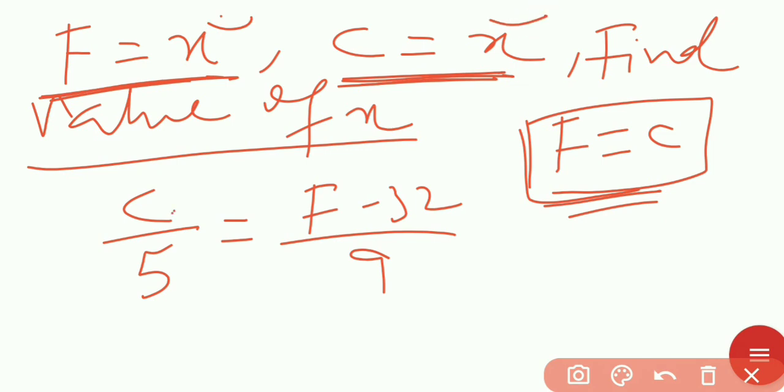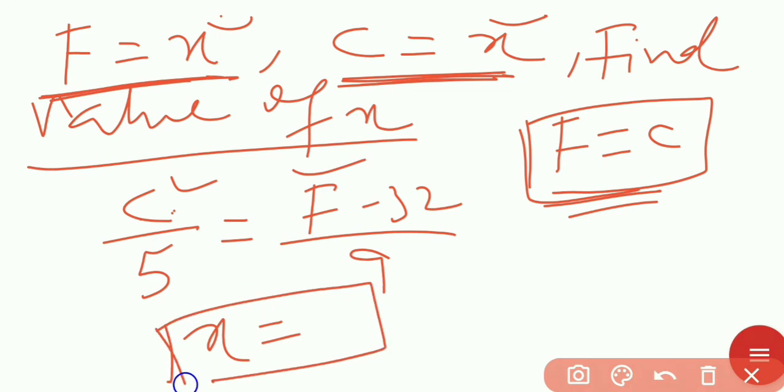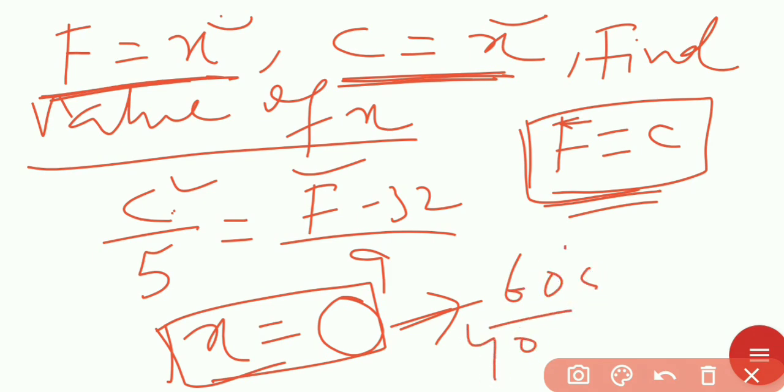Put the value of X here, C equal to X and F equal to X, and then tell me what is the value of X. The value of X will be the value where, for example, if the value of X is 60, I am giving one example, it may be 60, it may be 40, it may be 100, maybe.